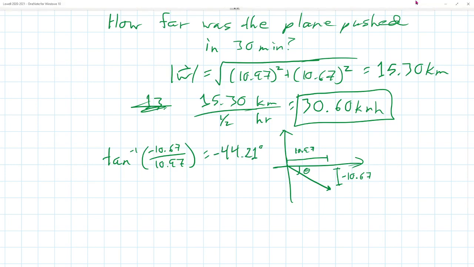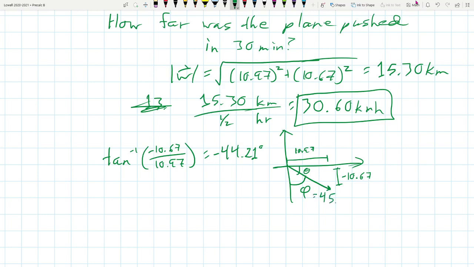When we're talking about directions, we often want this angle right here, call it phi, I suppose. So that'll be just the complement of that. So that ends up being 45.79 degrees, okay?